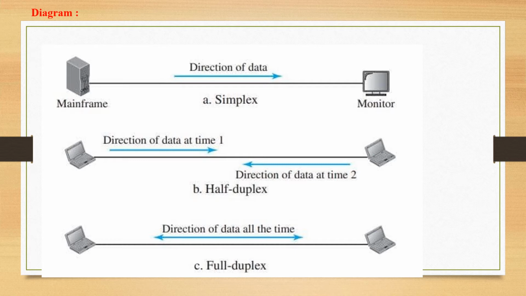When the left-hand side laptop or server is active, data moves from left to right, and when the other server becomes active, data is transferred from the second device to the first device.